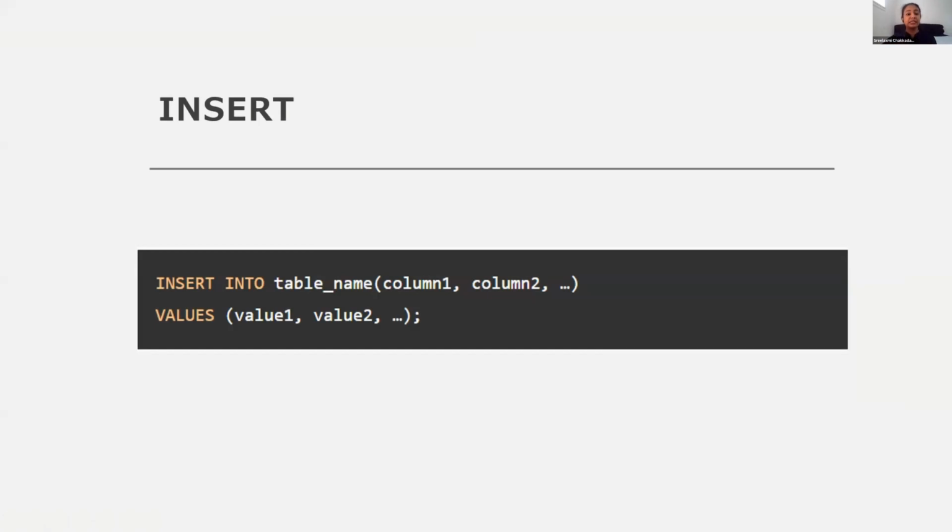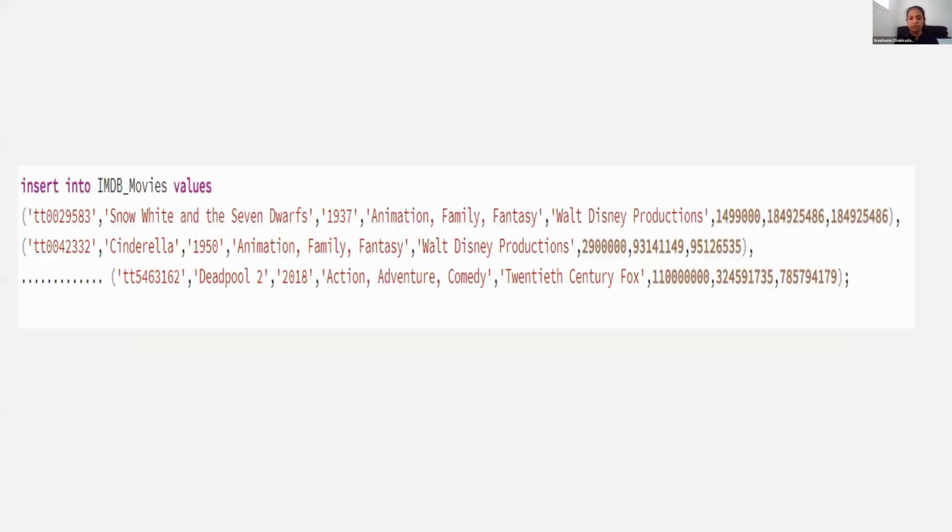To insert data into your tables, you will need insert into table name, column 1, the value inside column 1, value inside column 2, etc. Like this you can insert into. The insert command is also provided in the script so that you can insert those values and have a table for the rest of the session.